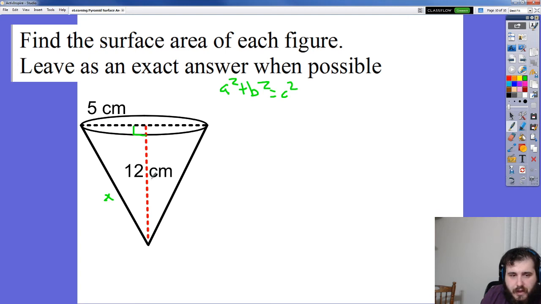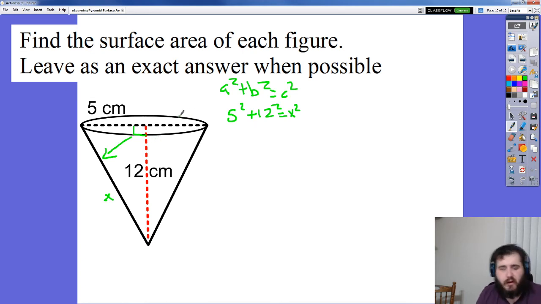And so here's your A, here's your B. 5 squared plus 12 squared equals x squared. And I know that x is C because x is the hypotenuse opposite the right angle there. So from here, 25 and 144.